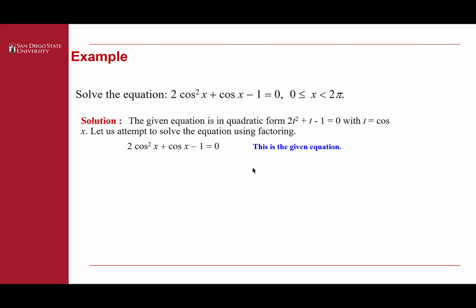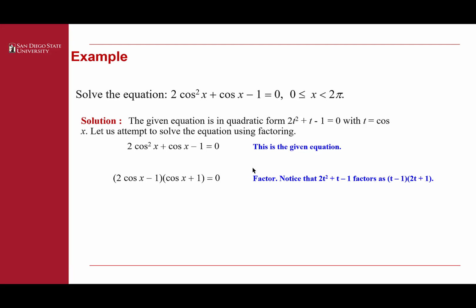This equation is in a quadratic form. So if we replace cosinus x with an arbitrary temporary variable called t, or whatever you call it, we get 2 times t squared plus t minus 1 equals 0. And in this form, it could be easier for you to solve.